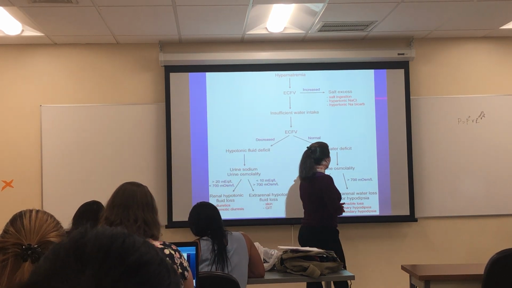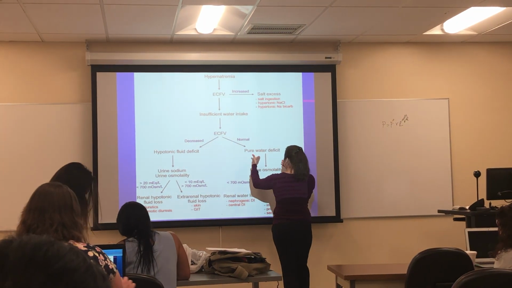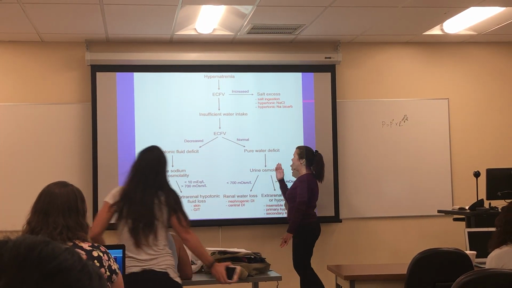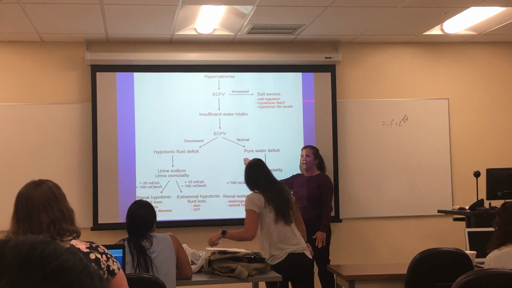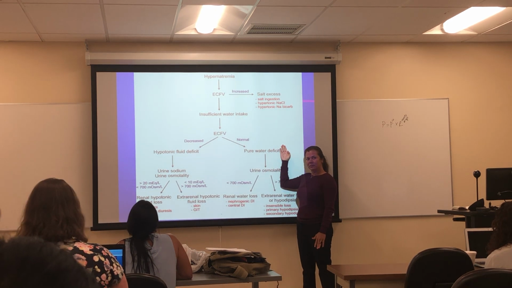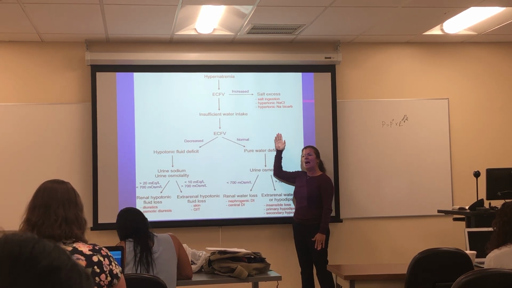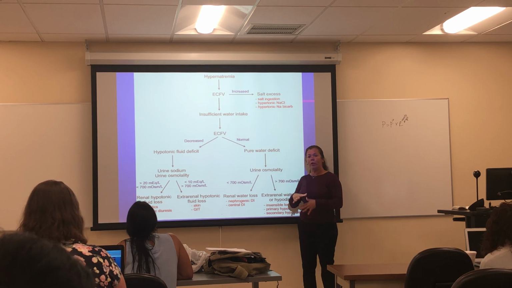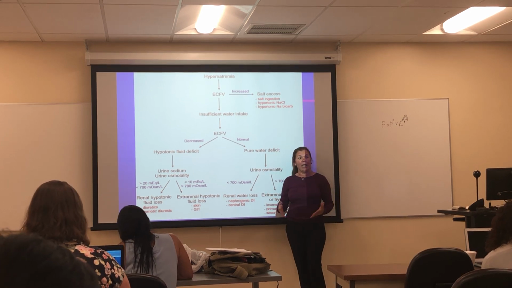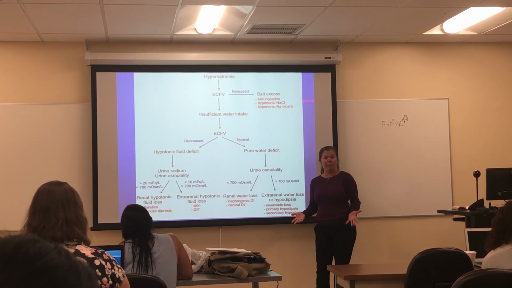So let's analyze this here. Again, this is the euvolemic patient. This is the hypernatremic patient that, when you assess and look at the BUN, it's normal. It's a euvolemic patient.